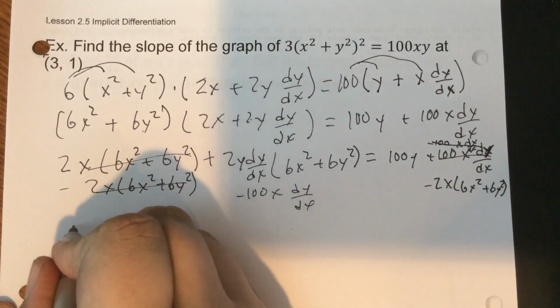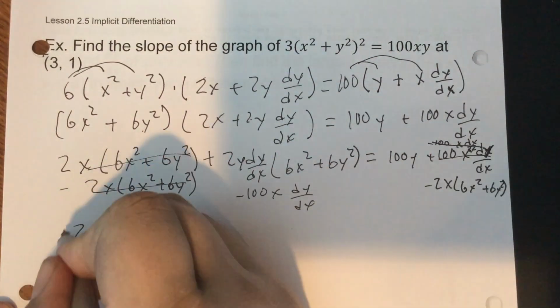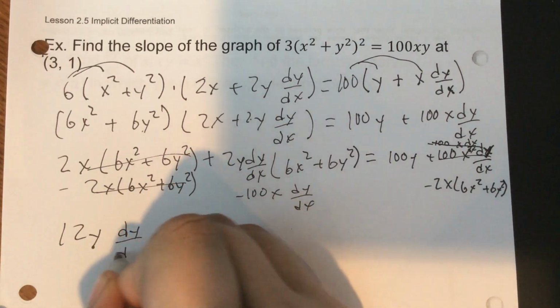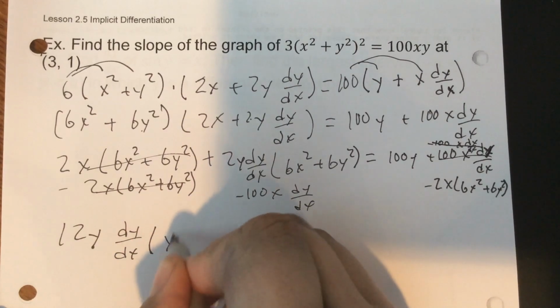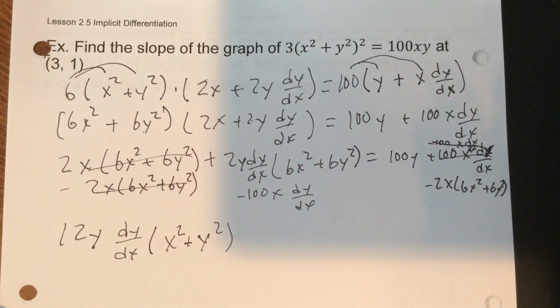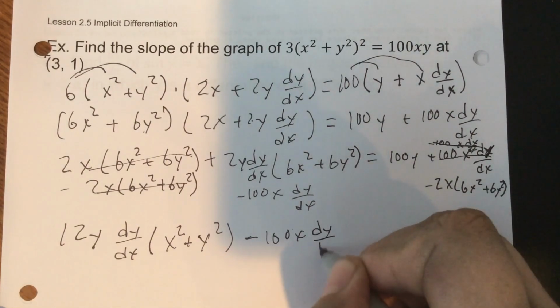So if I write this all out again, 2y, which why don't I pull this 6 back out to make this a 12y, dy over dx. Then we can just work with x squared plus y squared minus 100x dy over dx.